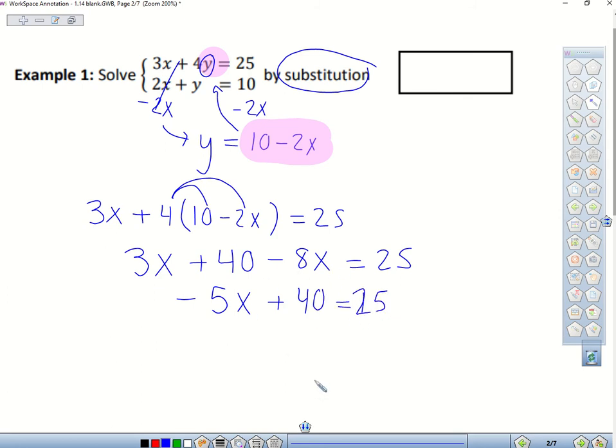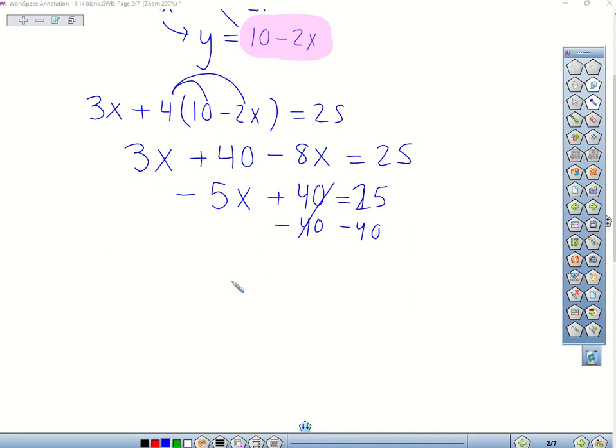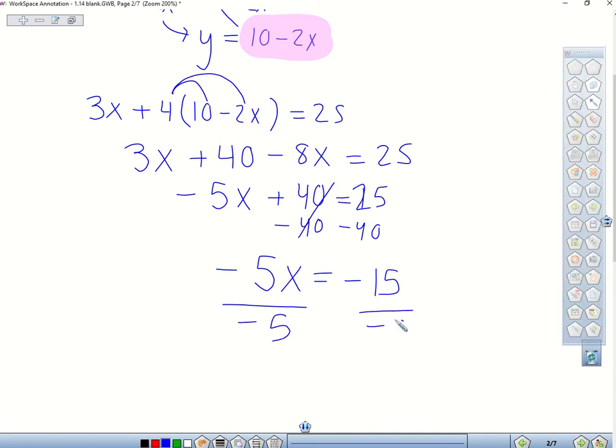So I just combine these like terms, and I'm going to subtract 40 on both sides. That's going to give me negative 5x is equal to negative 15. And then I'm going to divide both sides by negative 5, which gives me x is equal to 3.